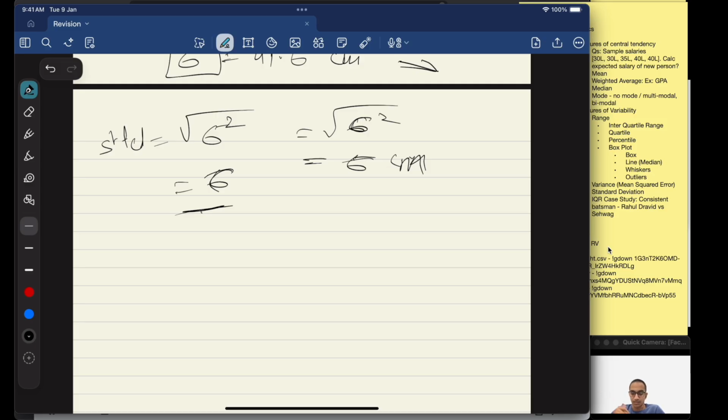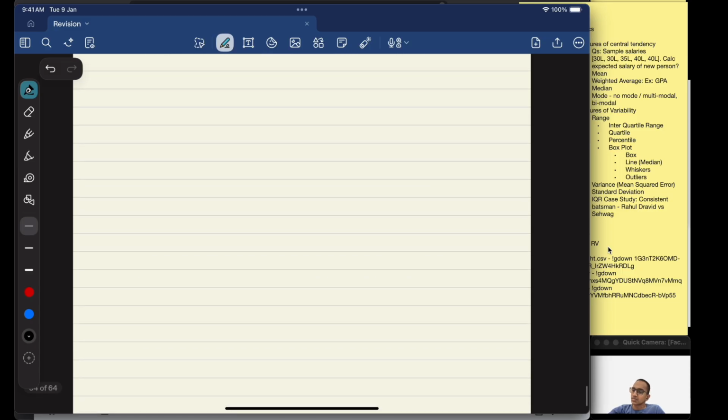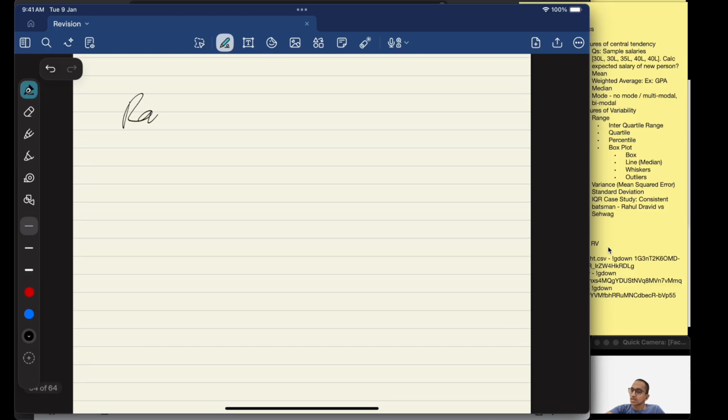That's why it's random. And in random variables as well, you have two types, called RVs: discrete and continuous.